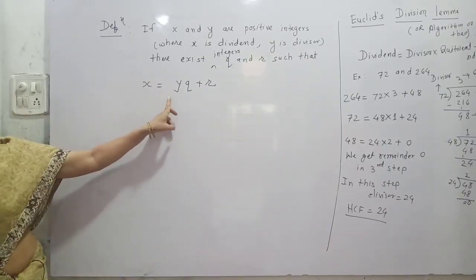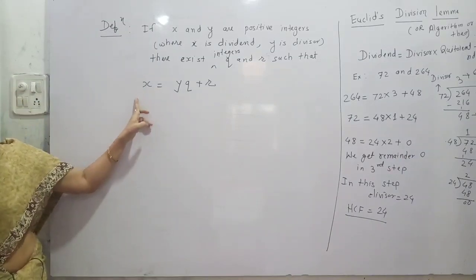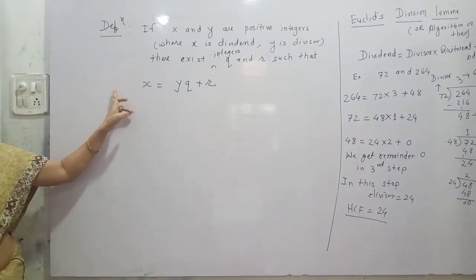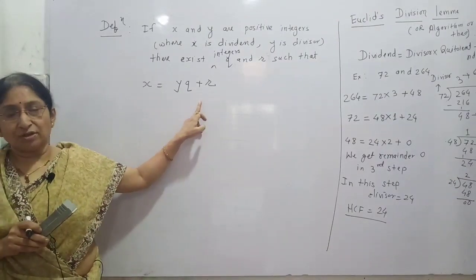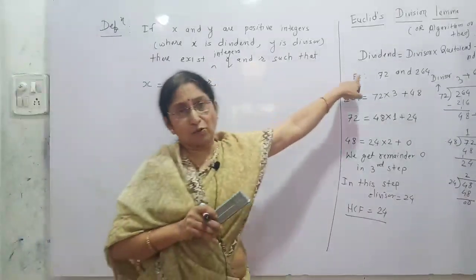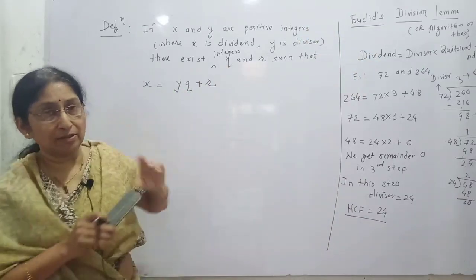Here x is the dividend, y is the divisor, q is the quotient, and r is the remainder. This is the same as the form: dividend is equal to divisor multiplied by quotient plus remainder.